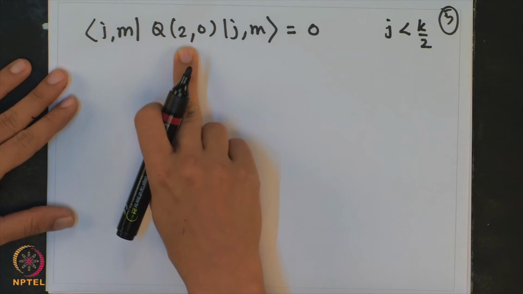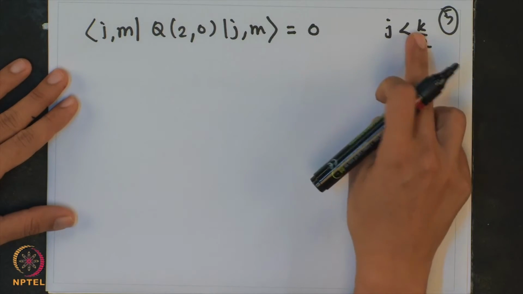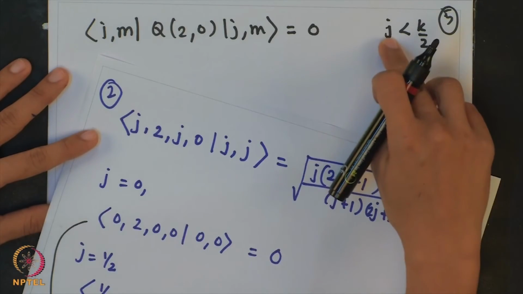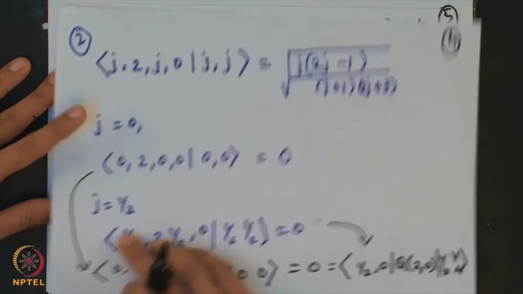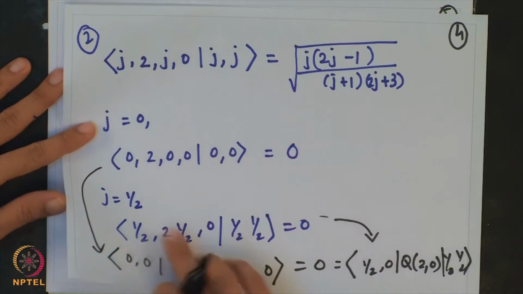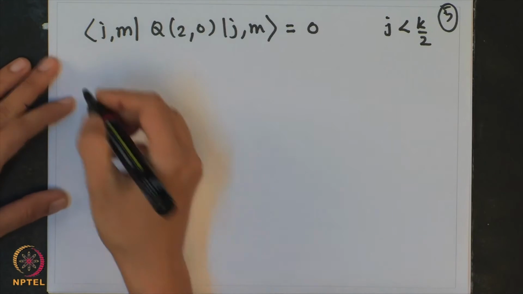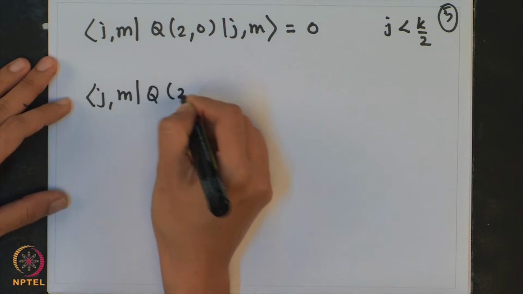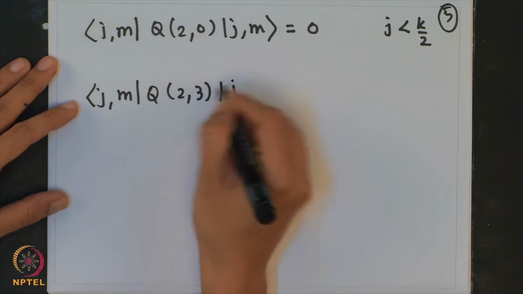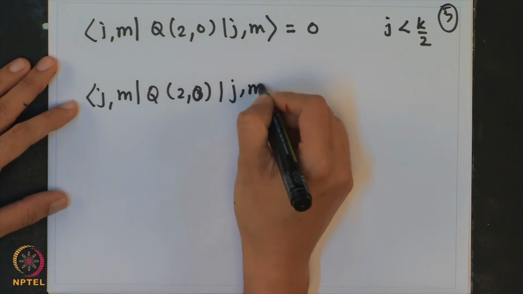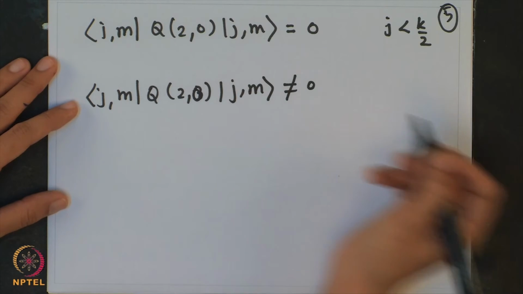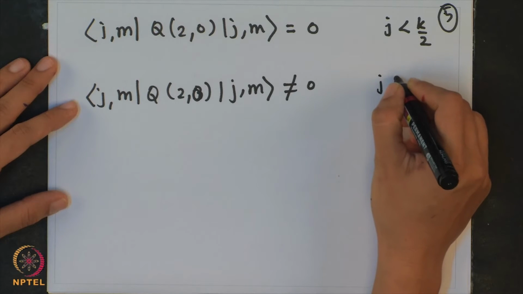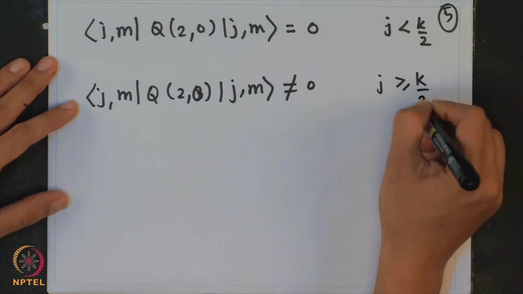So, k is 2, so when j is less than 1, that is when j is 0 or half, this quantity is 0, while ⟨j m| q 2 comma 0 |j m⟩ is not equal to 0 when j is greater than or equal to k by 2.